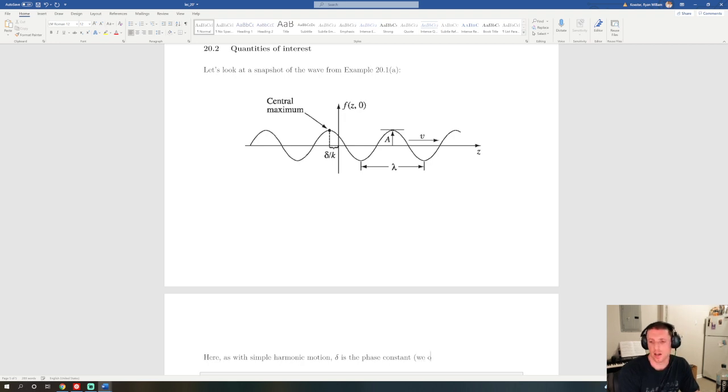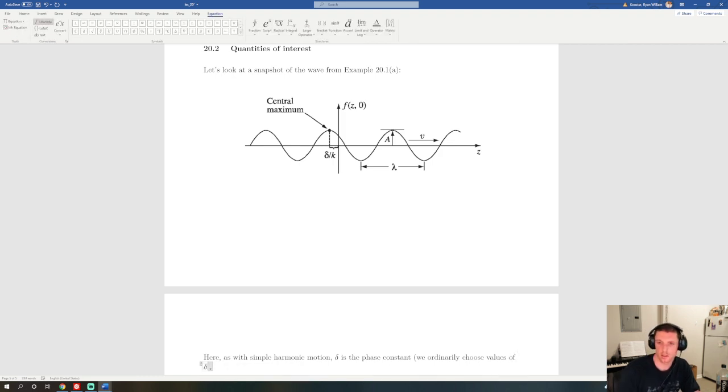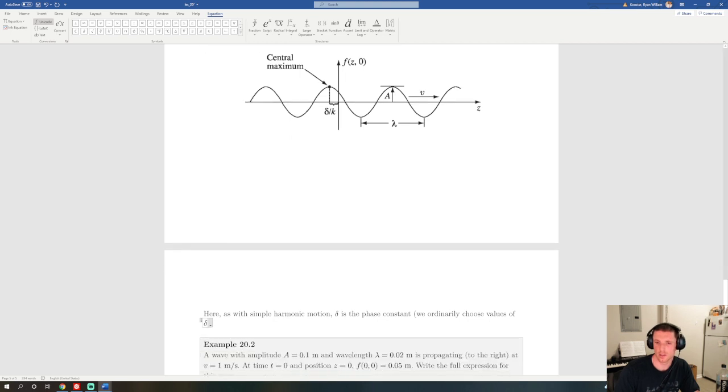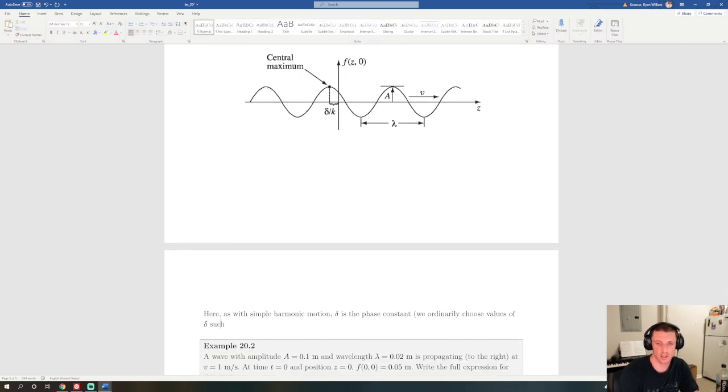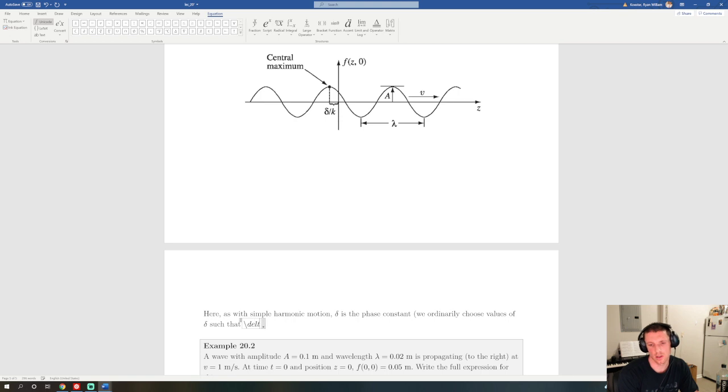I'm going to say we ordinarily choose, and this holds for simple harmonic motion too, actually, values of delta such that delta is an element of this closed interval between 0 and 2 pi.